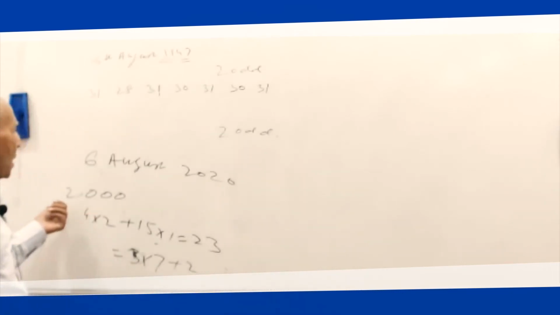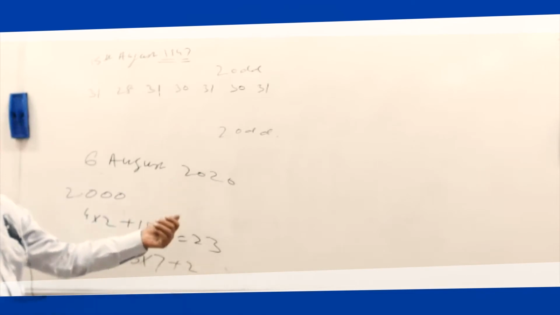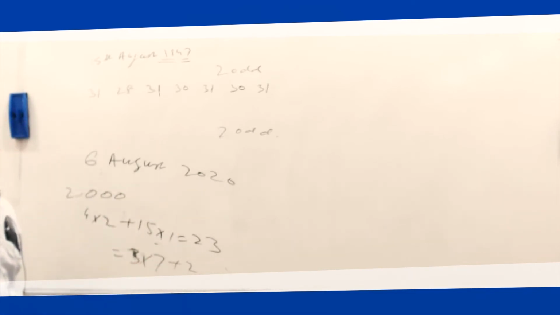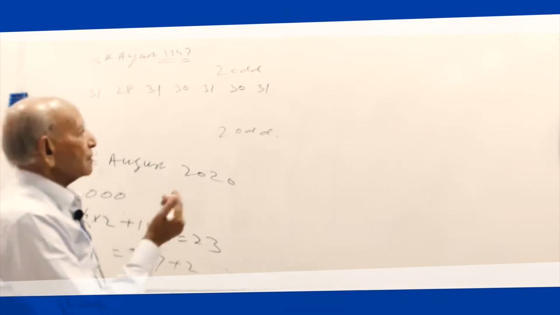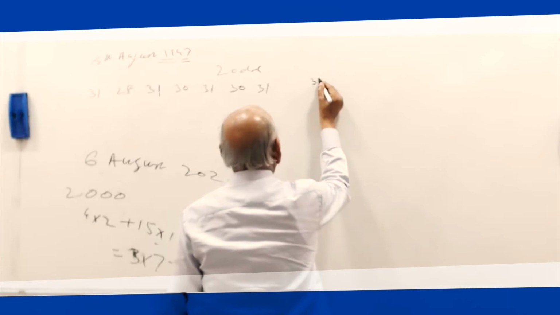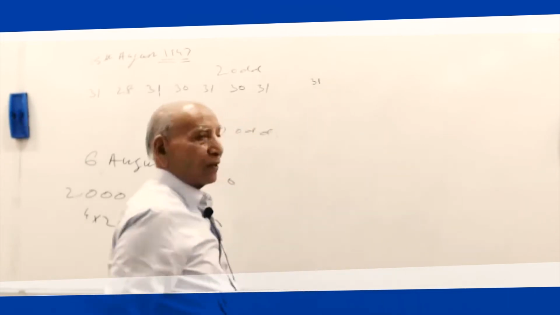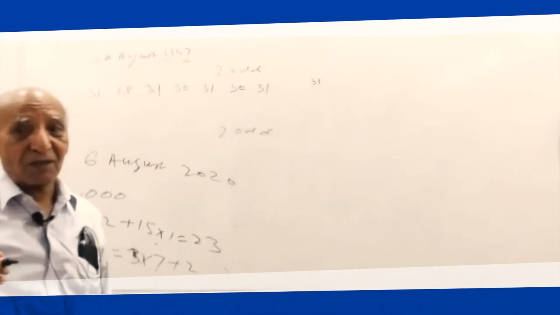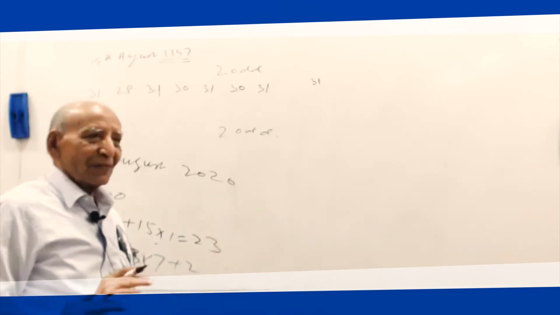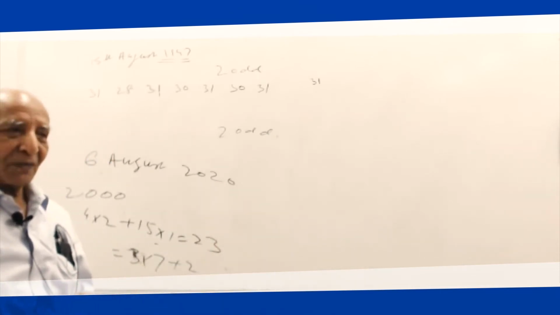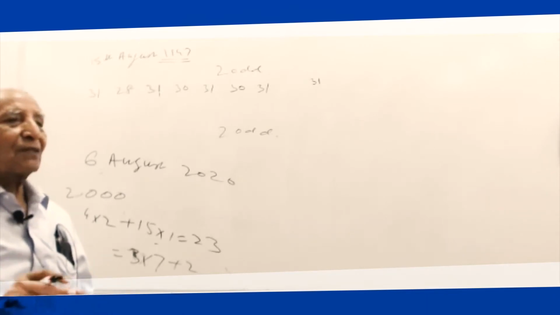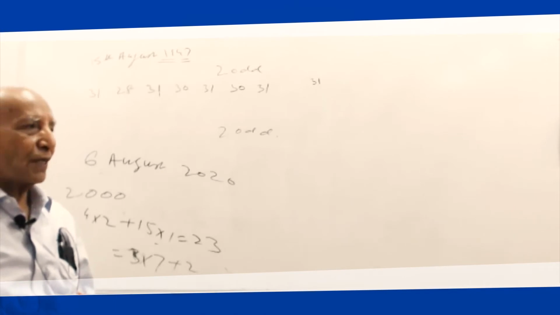up to 2019. Then you have to count for 6th August. If we count from 6th August, then the same process. Here is January. Now February. Please take care of that February. Now we are in 2020. So a mistake should not be committed at this place. So February has got 29 days.